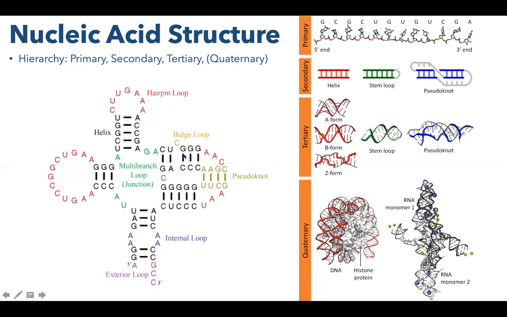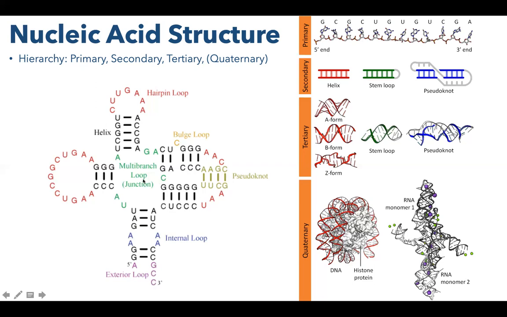We also have what we call the bulge loop, or simply bulge. The bulge is composed of one or more bases that do not form hydrogen bonds with any other base from another region of your RNA strand, thereby creating this bulge on one half of your stem.